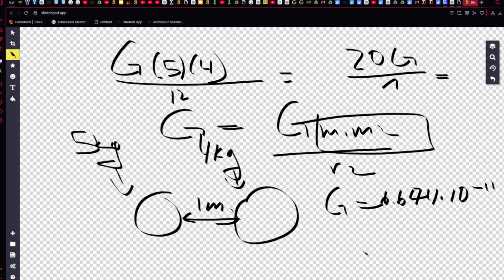It will be m squared divided by kg times meters per second squared, which will be m cubed over kg s squared, which will be the units.